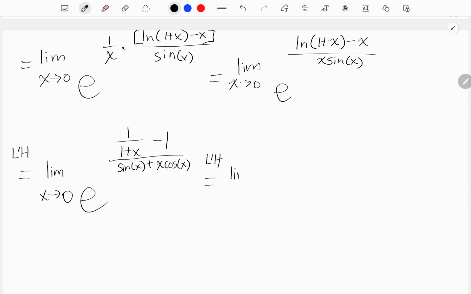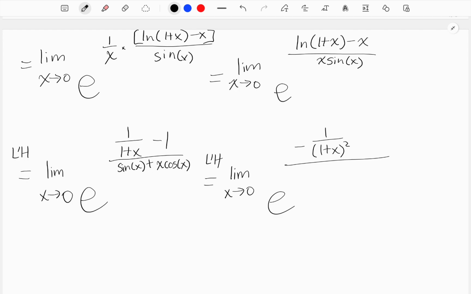So that is equal to the limit as x approaches 0 of e to the... Now we differentiate the numerator. The new numerator is 1 over 1 plus x minus 1. The derivative of that is negative 1 over (1 + x) squared. I will not show how that is done because that is just an application of the power rule, so go back and review that.